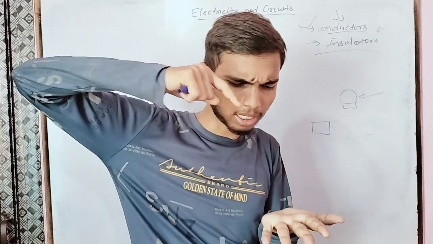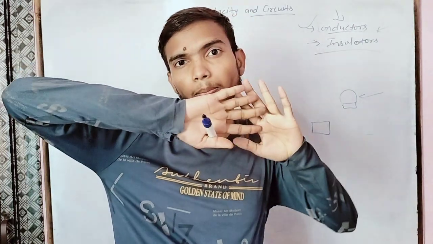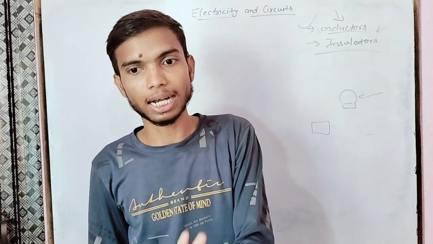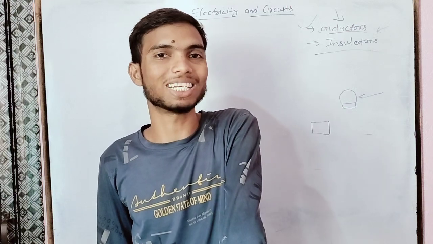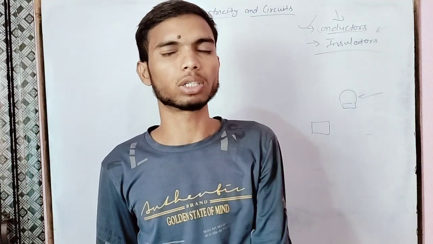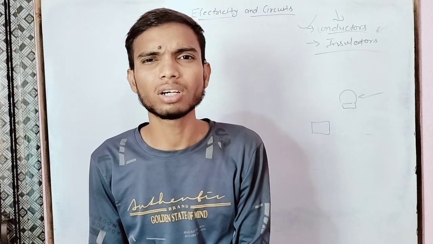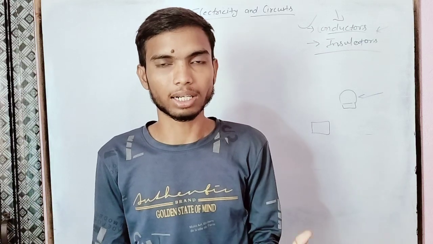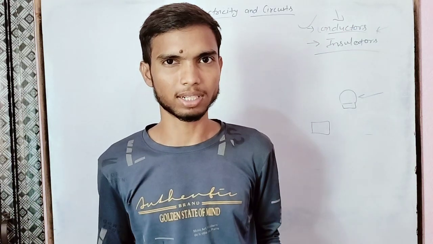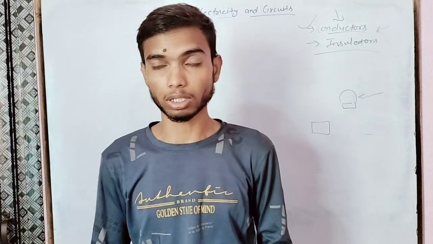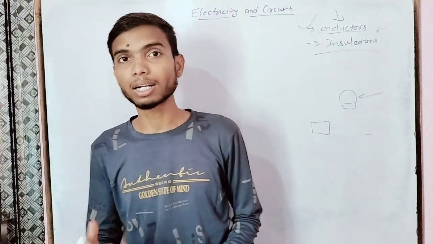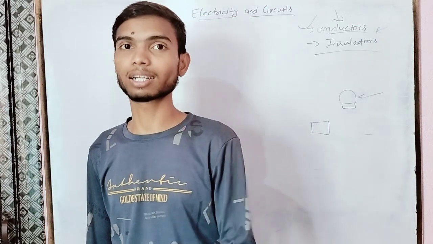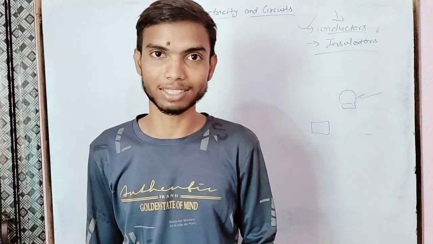When we apply electricity on plastic material, plastic will not have any kind of impact by electricity, and that is the work of an insulator. Insulators will not connect with electricity. This is a very simple sentence to understand the meaning of an insulator: an insulator will not connect with electricity, and conductor materials will connect with electricity.